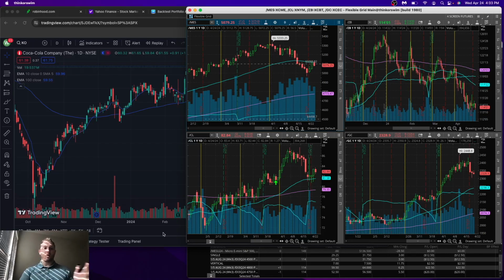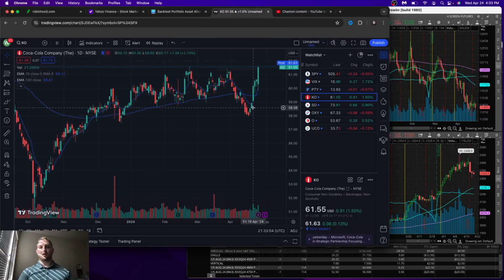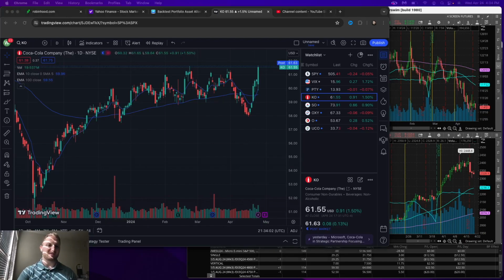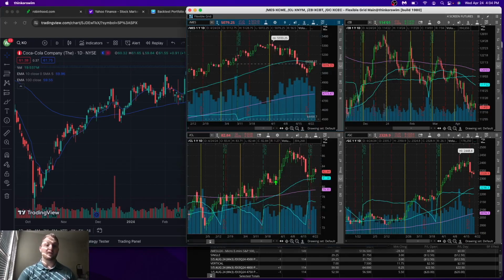More than likely, what I'm going to do is, if I get all of it, which I probably won't let it go to all of it on KO, but I will get a significant portion of it, at least probably like 75% of the premium collected, and then I'll go buy another share of PTY, because there are no commissions when I'm buying shares. And I think that's a pretty important thing now that TD Ameritrade, Charles Schwab, E-Trade, and I believe all of them have this now. So with that being said, guys, that is the portfolio update.